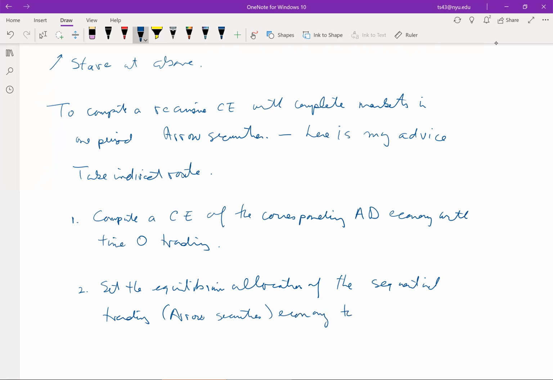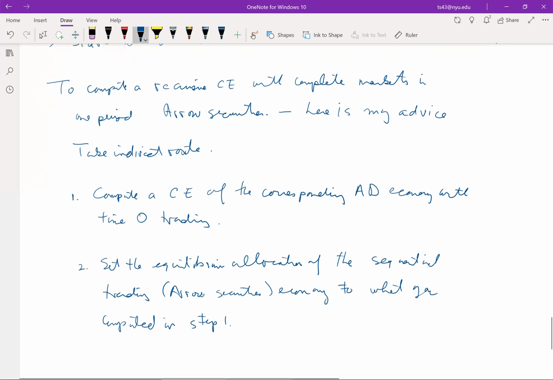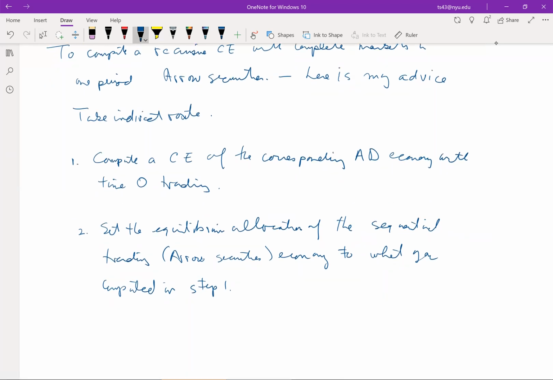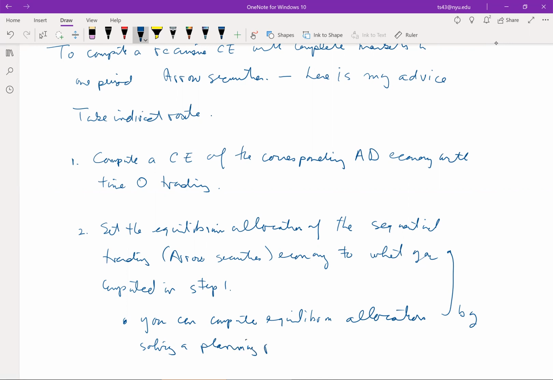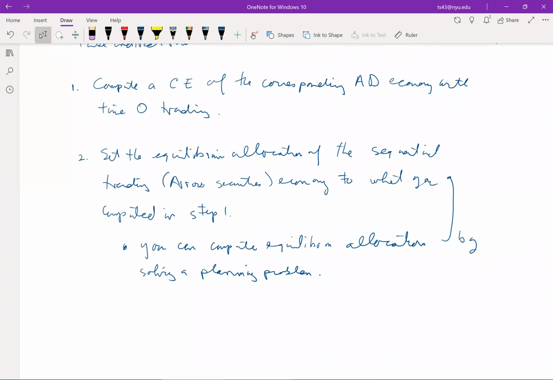Now, a remark: you can compute the equilibrium allocation here by solving a planning problem that we discussed, for the economy starting at time 0.